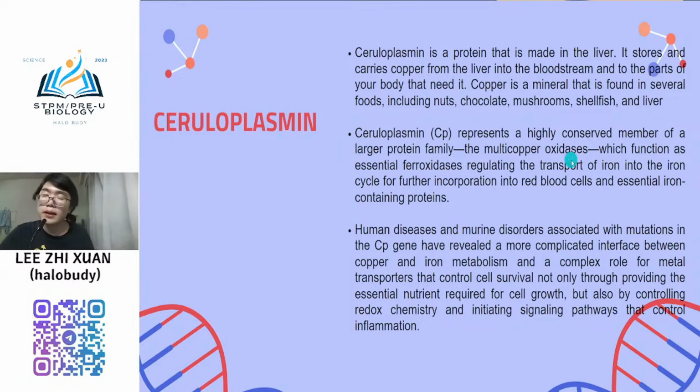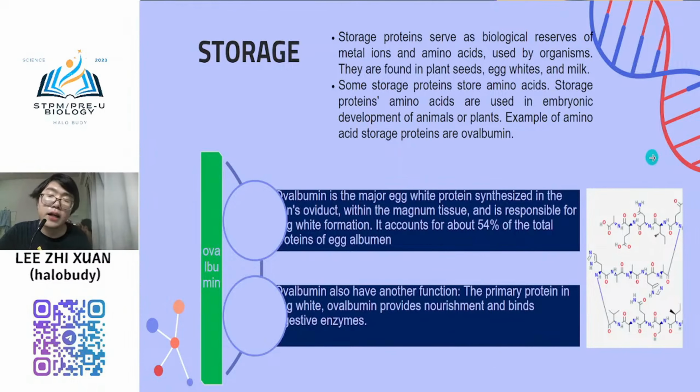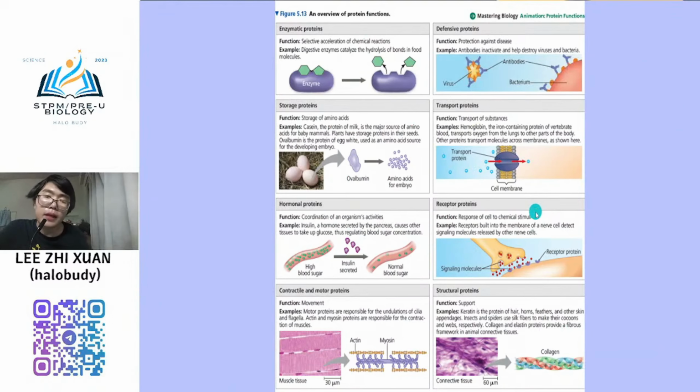And the final one is storage. Protein can also act as storage and can provide energy to the human body. And these are all the overview of protein function that I extracted from Campbell.